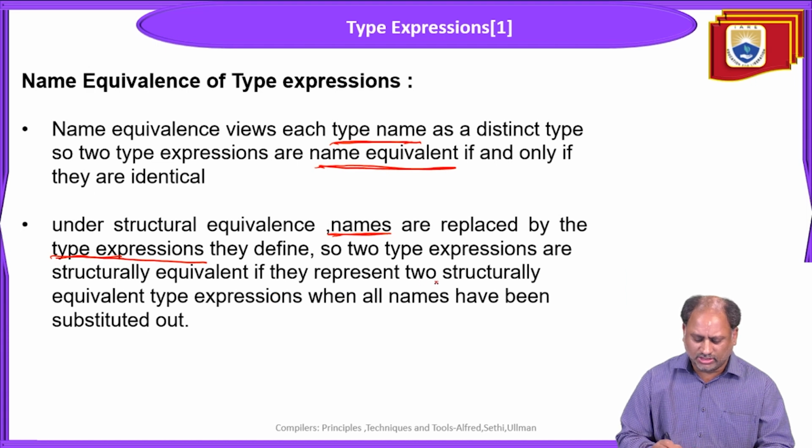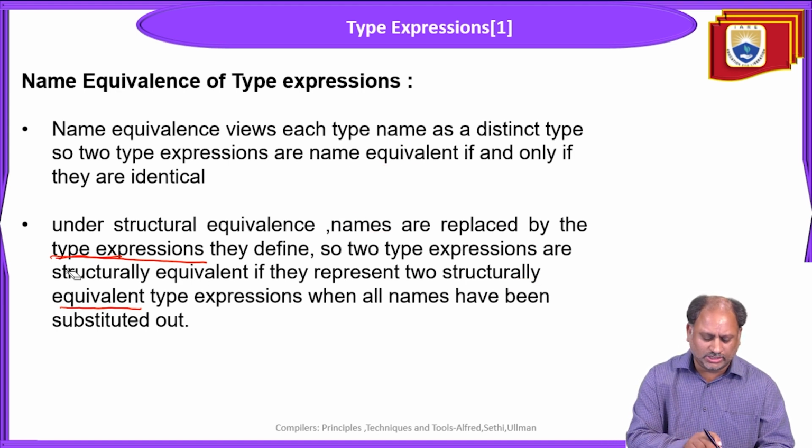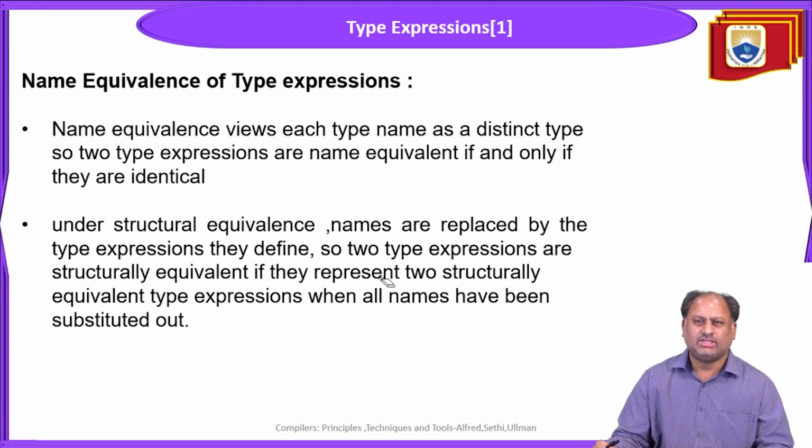These two are structurally equivalent whenever the type expressions with the names have been substituted out. So in this case, instead of type expressions we are going to use names. If the names of the type expressions match, then we can say that it is a name equivalence of type expression.